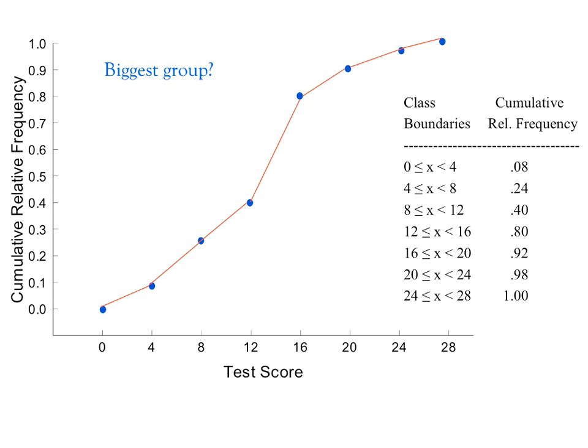So I could tell that 0.16, or 16% of my data, is in that range from 4 to 8. Or I could tell that at 12, 40% of my data is below 12. So you can see that from our cumulative frequency chart.